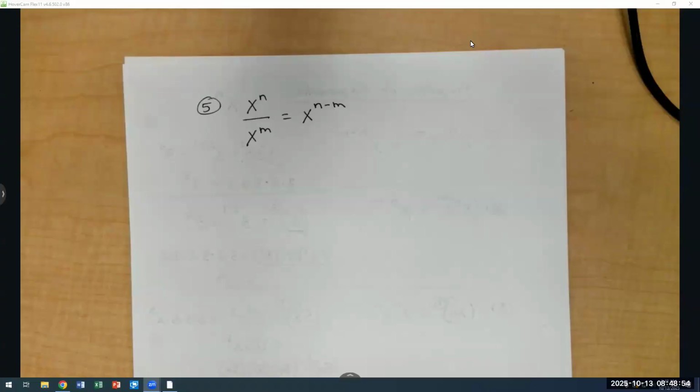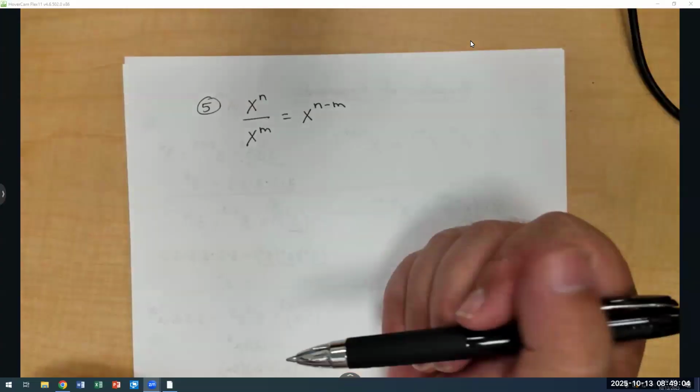It has to do with multiplying and dividing. When you multiply things, do you make them bigger or smaller? Bigger, so you're adding them, making it bigger. When you divide them, you're making them smaller, so that's why you subtract them.